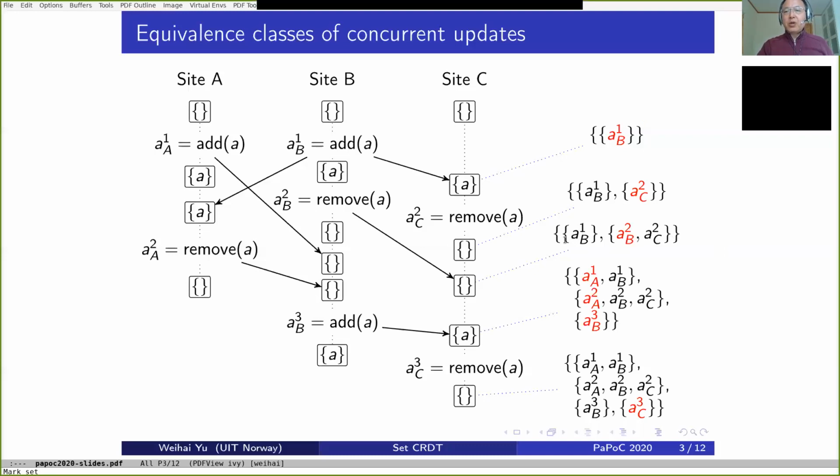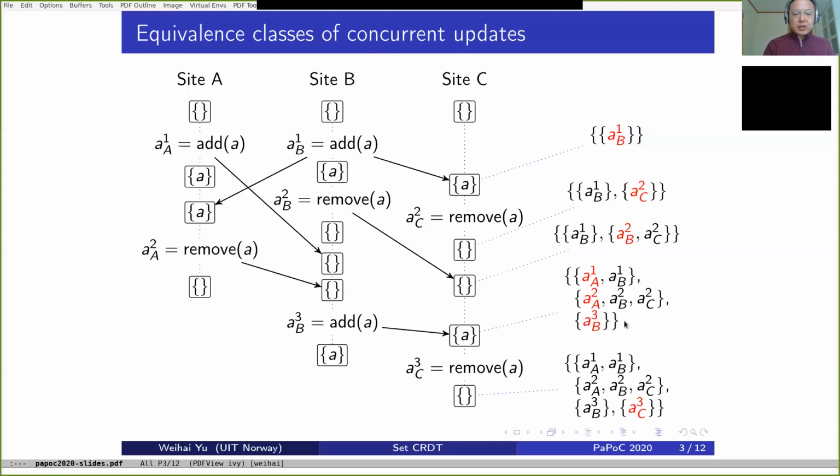If the number is an even number, then the element is not in the set. If it's an odd number, then the element is in the set. So in fact, we are only interested in the number of equivalence classes rather than the particular elements in these equivalence classes. And this number of equivalence classes, we call the causal length of this particular element.